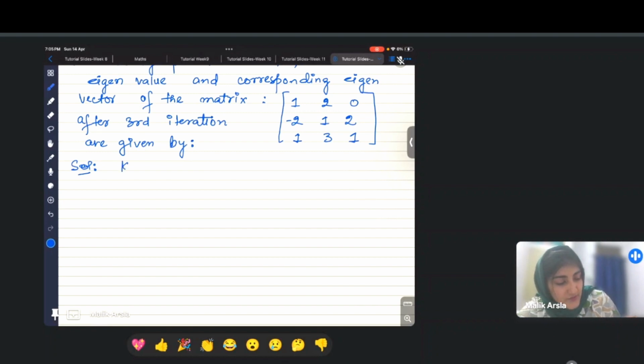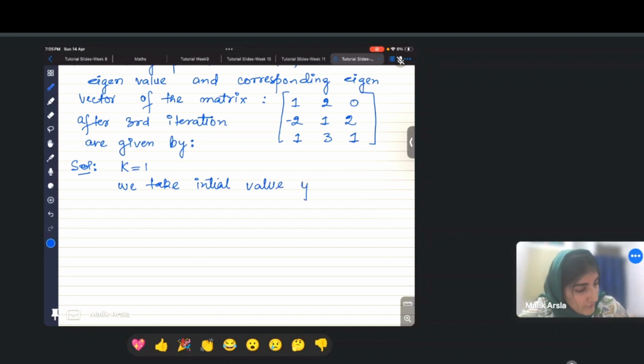So for the first step, k equal to 1, what do we do? We take an initial guess or initial value of y0, which is nothing but [1, 1, 1] transpose. According to the order of your matrix, you choose the length of this vector.